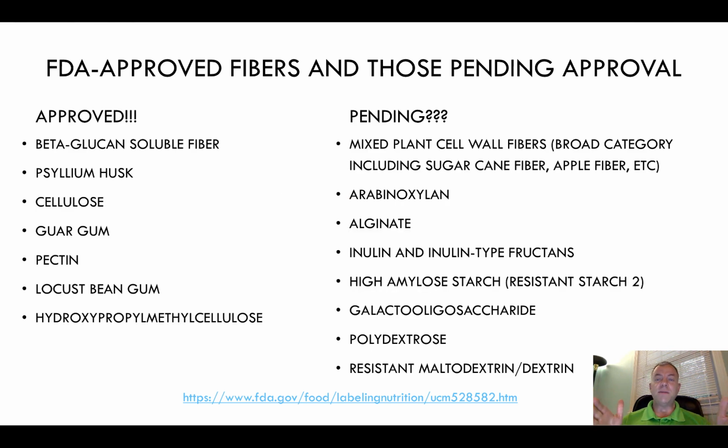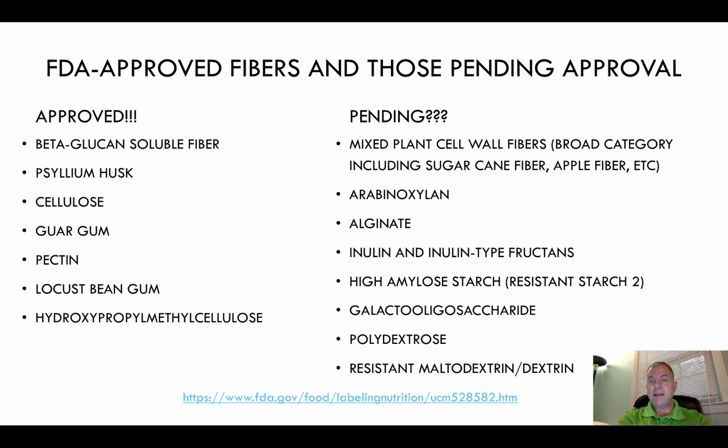FDA has approved a number of fibers, and a number of others are pending approval. So some of these in the approved list should be very familiar to you. Beta-glucans, things like oats, for instance, psyllium, cellulose, guar gum, pectin, locust bean gum. If you're not super familiar with them, you've probably seen these on a label at one time or another. And then various forms of cellulose.